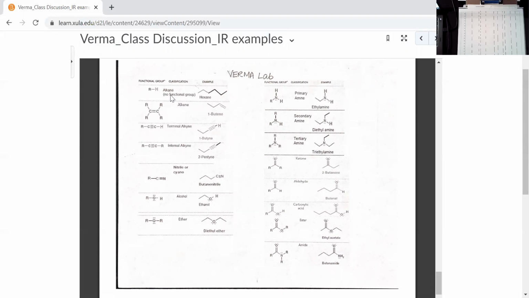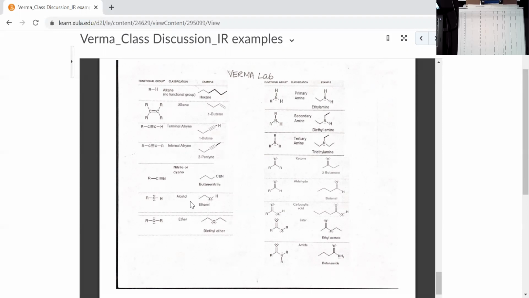You should be familiar with alkanes, alkenes, alkynes, terminal as well as internal alkynes. Internal alkynes and nitriles both share a triple bond.